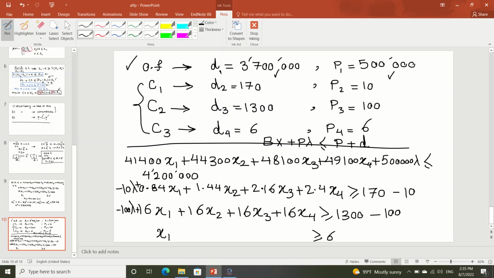And for the last constraint, you can add the negative 6 lambda minus 6.